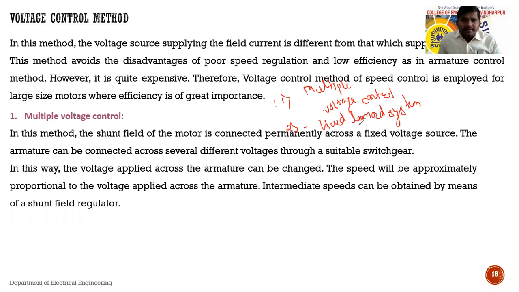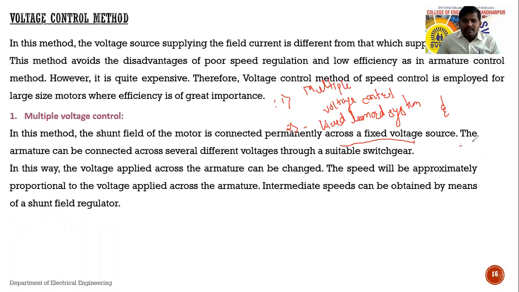Now see, in the multiple voltage control method, the shunt field of the motor is connected permanently across one fixed voltage, and the armature can be connected across several different voltages by using a suitable switchgear.